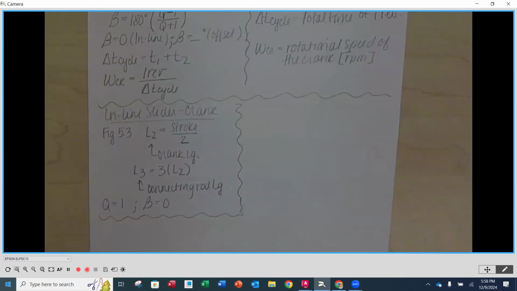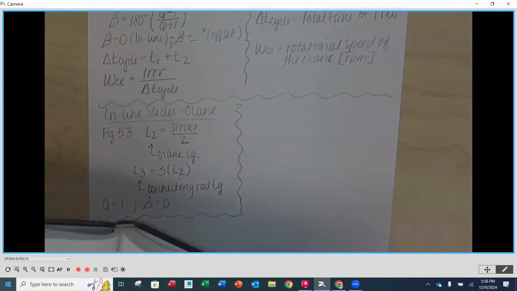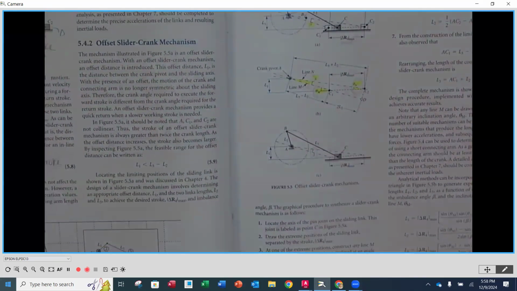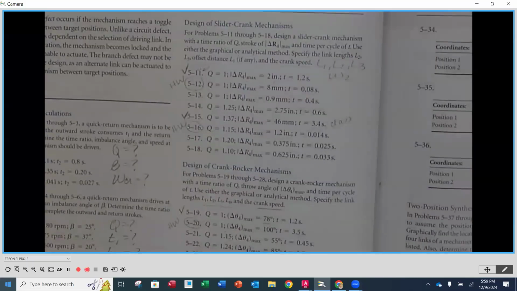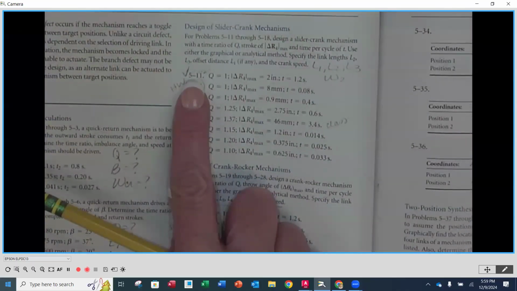All right, so let's look at our first inline slider crank problem, which is going to mimic one of your homework problems. I don't know why, but the book did not do any examples inside of the chapter for the different types of mechanism problems. So at the end of our chapter, where we have our problems listed on page 120, we're going to do problem number 5-11.